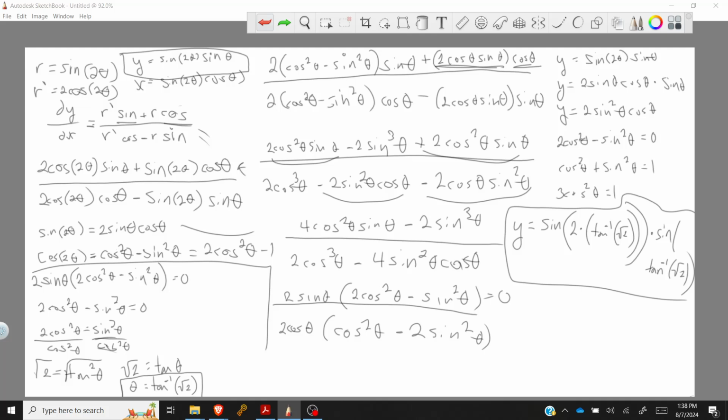Once you've set that equal to 0, you're going to solve for theta. And that might be the whole question, you know, find the slope at theta equals whatever, then you plug that in. But with this one, once you find the value of theta, you're going to plug it back into the equation, and then that'll give you the y value.